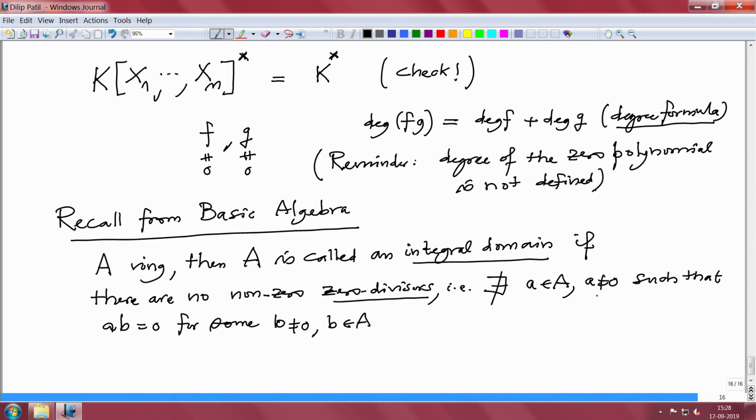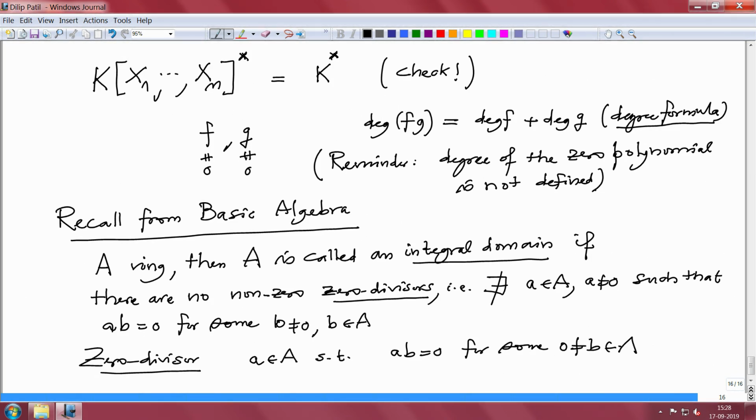If there is no such element, then the ring has no zero divisors. So, the zero divisors are the most troublesome because you cannot cancel them.